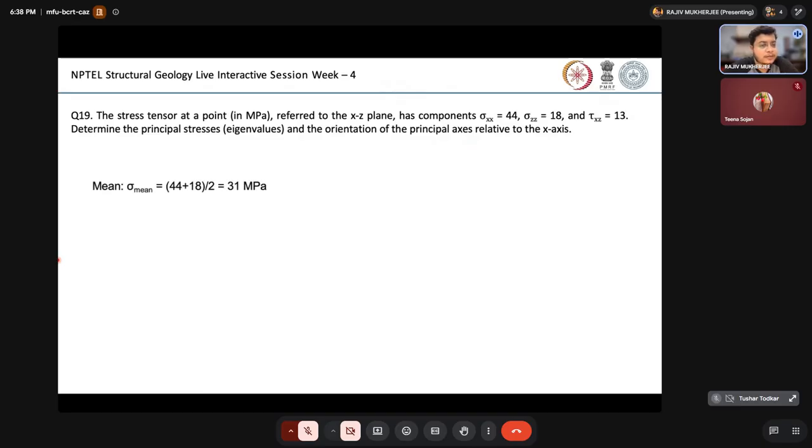So the first thing you do, you calculate the mean stress, which is 31 megapascal. And then you calculate the radius of the effective Mohr's circle. And that you calculate using the maximum shear stress calculated from the given normal stresses and the shear stress given in the problem itself.